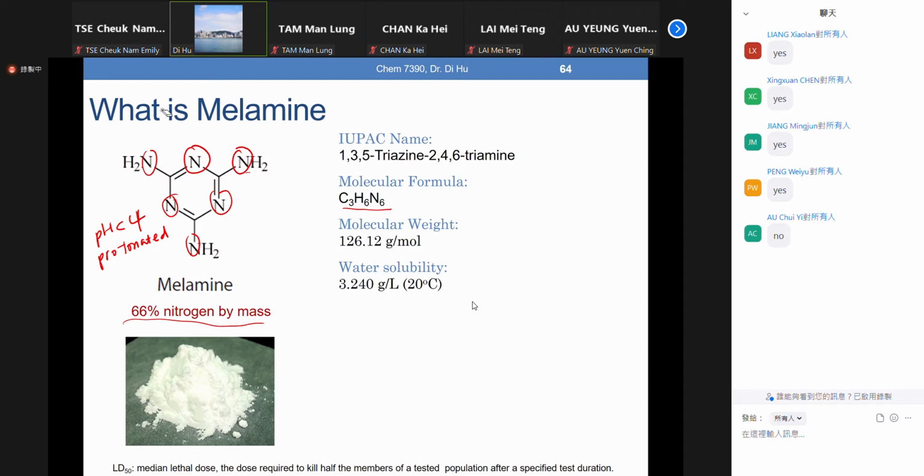But it's normally neutral if the pH range is 6 to 13.